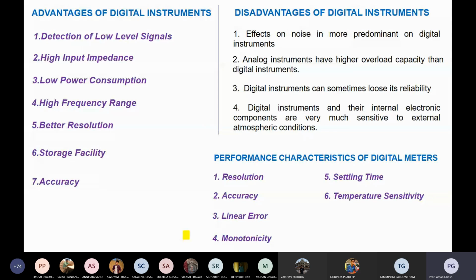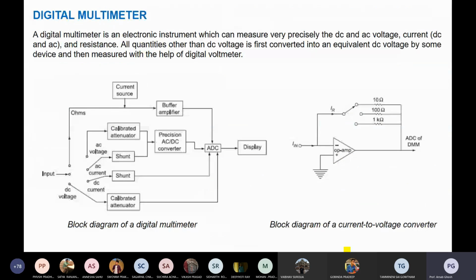So today I am going to discuss some specific applications of digital instruments, like the digital multimeter, then digital voltmeter, DVMs, then digital frequency meter, and finally signal generators.